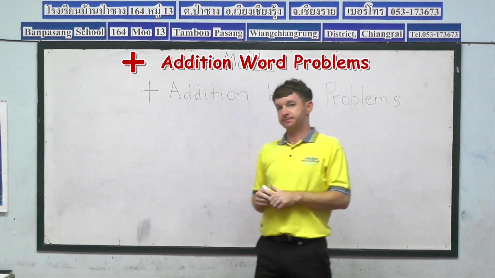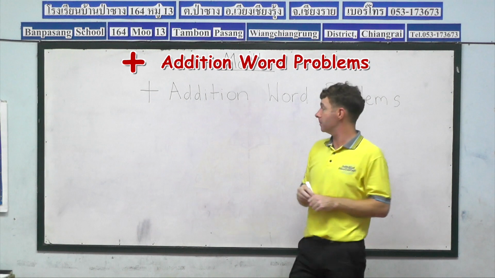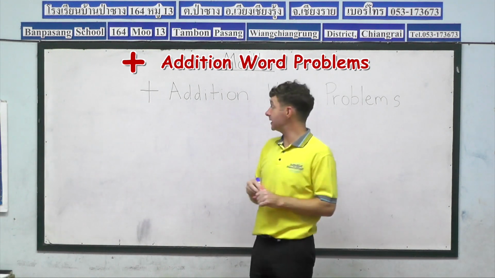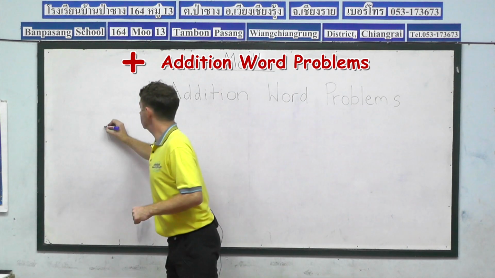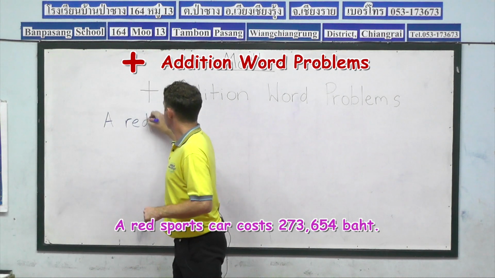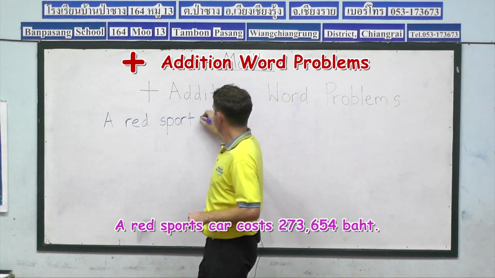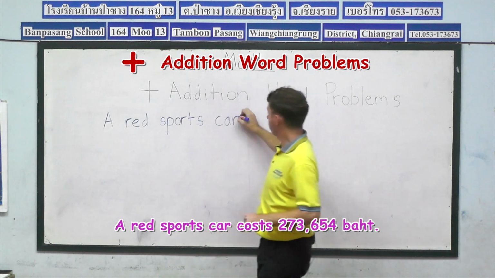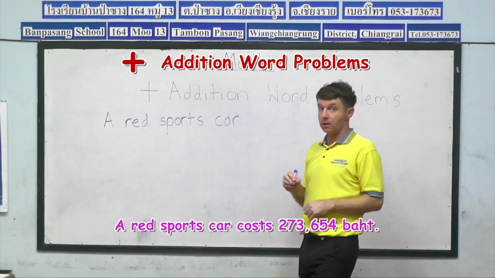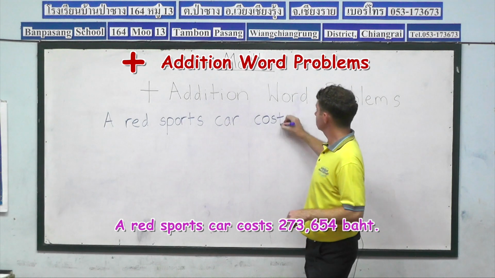For example, let's have a look at this, and I'll do an example of an addition word problem. So let's do an example of an addition word problem right now. We can start with the sentence, a red sports car costs.